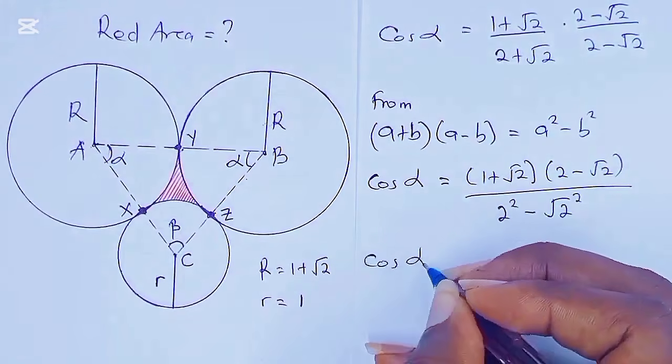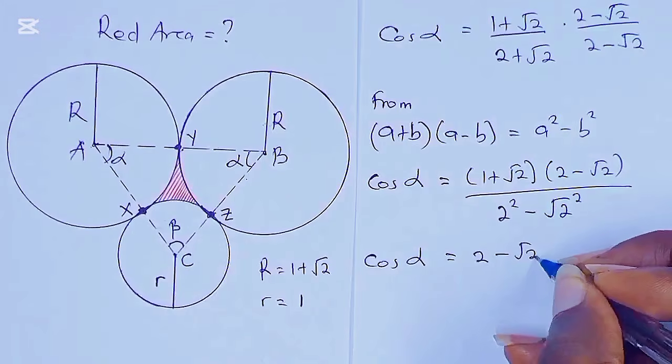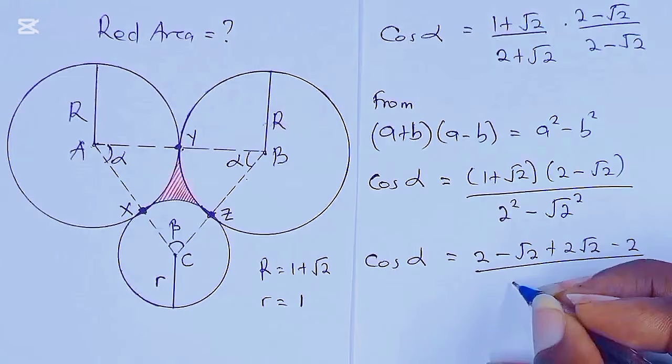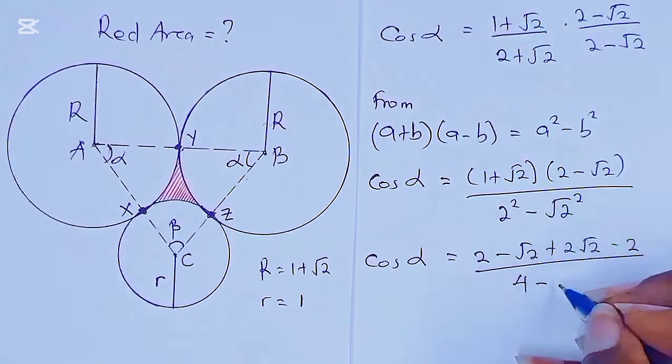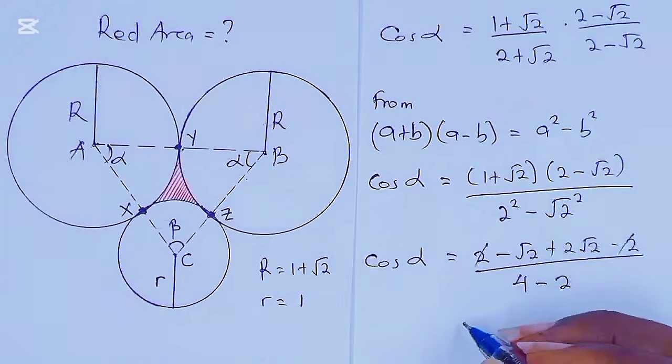So cos alpha will be equal to 2 minus root 2 plus 2 root 2 minus 2 over 4 minus 2. So here these 2 cancel.